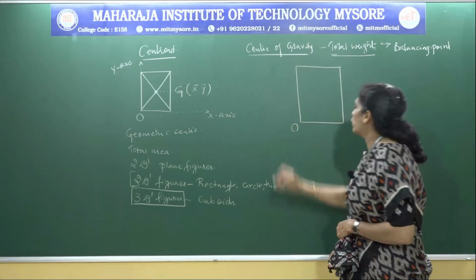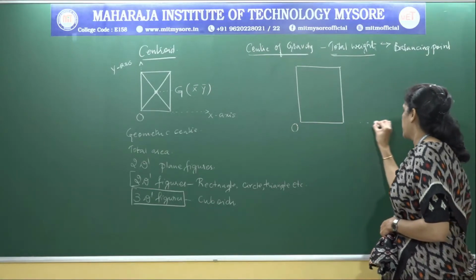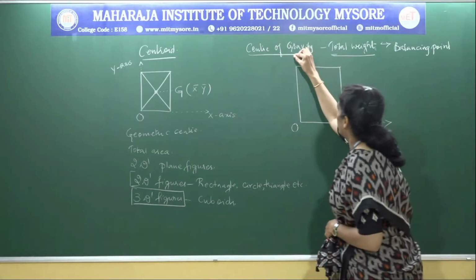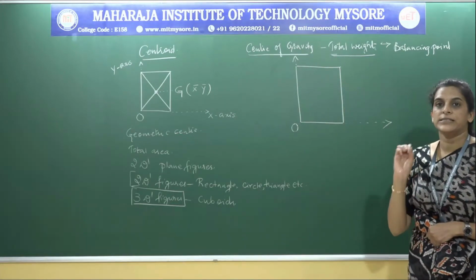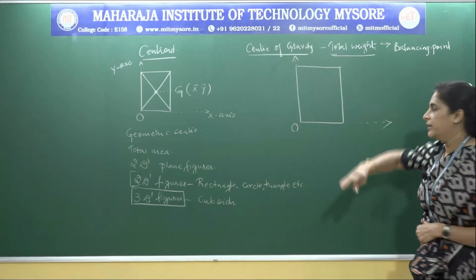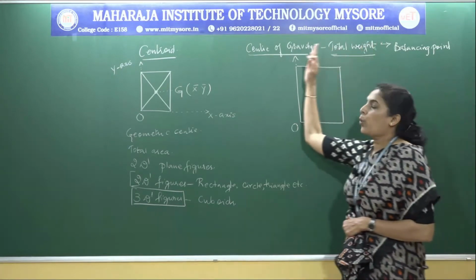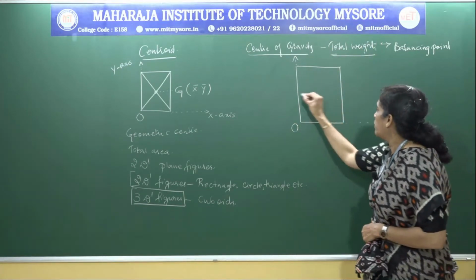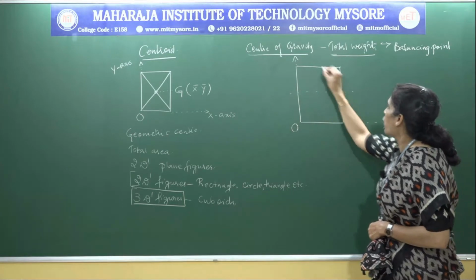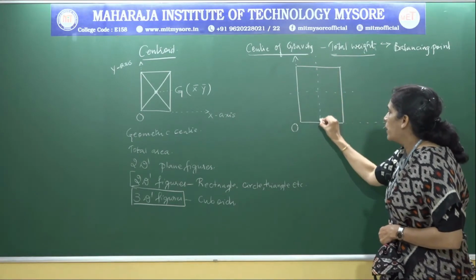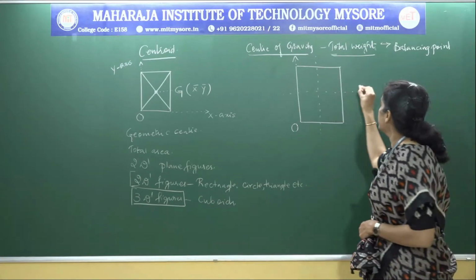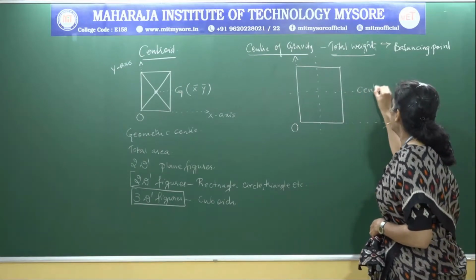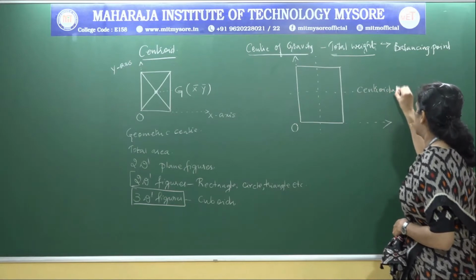As we know, this is the reference center. Let this be the reference axes, the x-axis and y-axis. Now the next important thing one has to know prior to the startup of centroid is the centroidal axis.